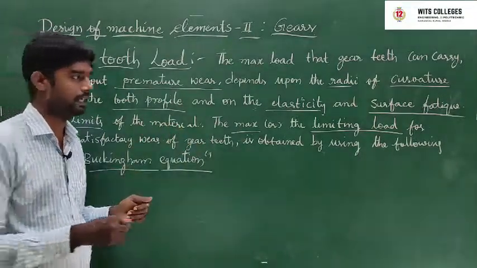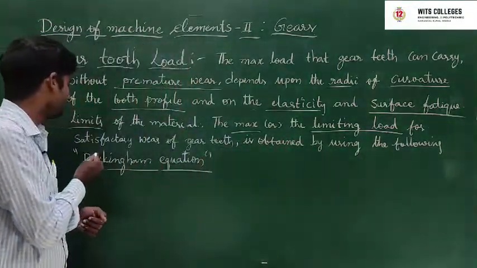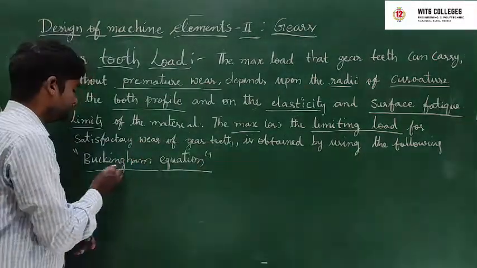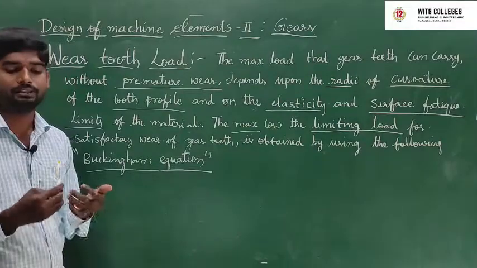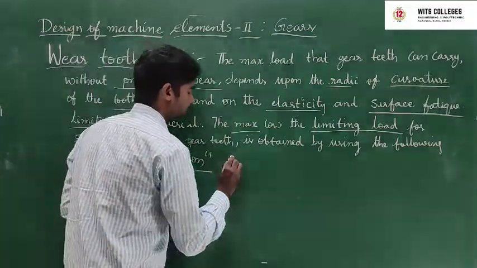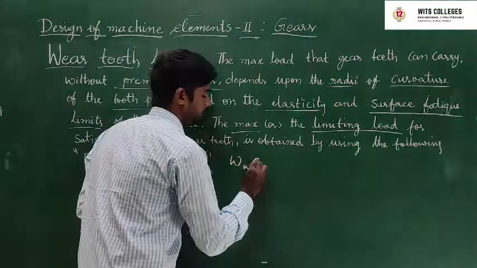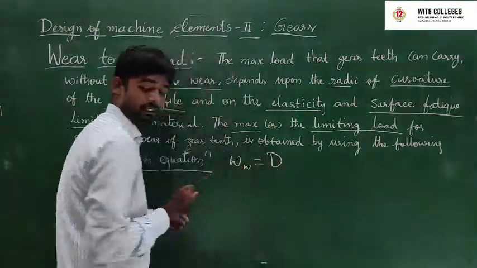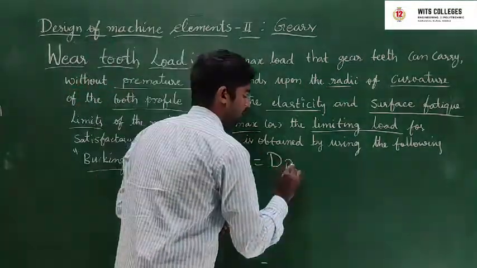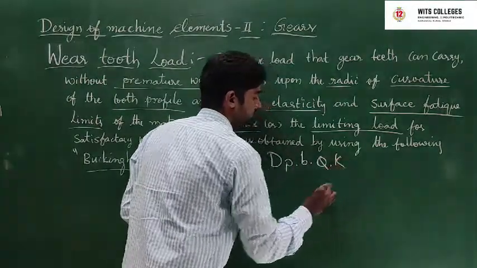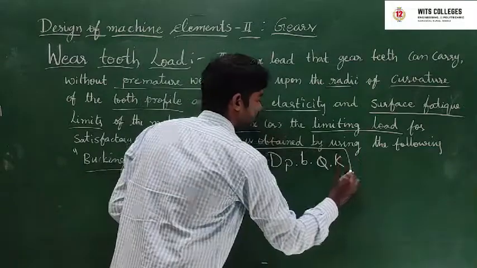The maximum limiting load for satisfactory wear, we use the Buckingham equation. Actually, the Buckingham equation is Ww = Dp into b into Q into K. This is the Buckingham equation.